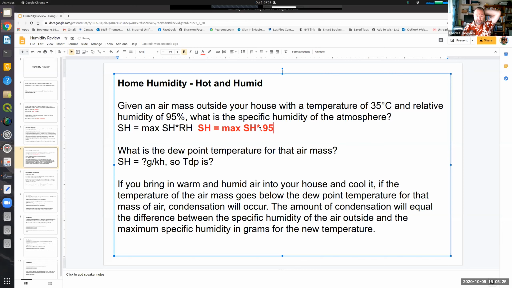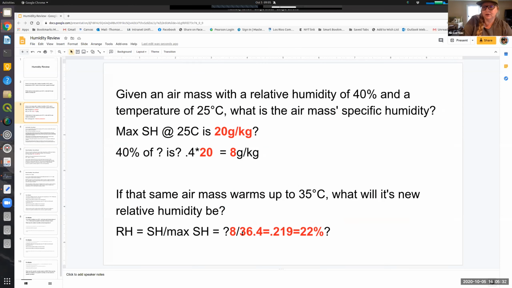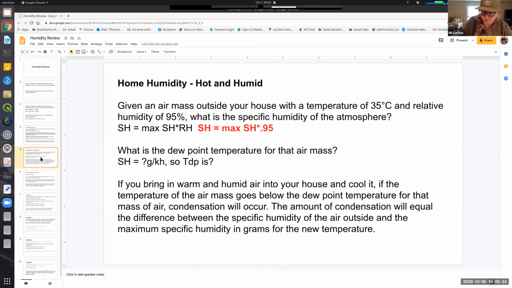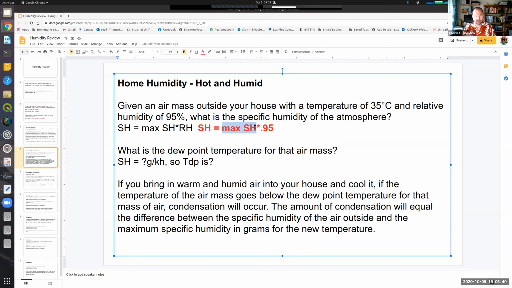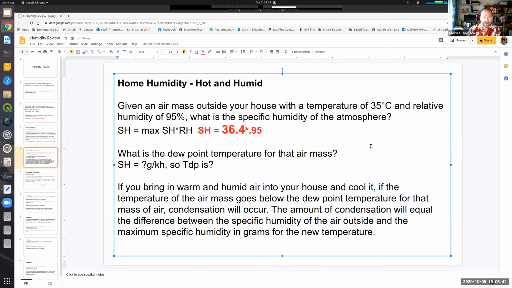And then the max specific humidity, oh, at 35 again. Yeah, we know that because we already saw that. Yeah, 36.4. So specific humidity equals maximum specific humidity times relative humidity, 36.4 times 0.95.